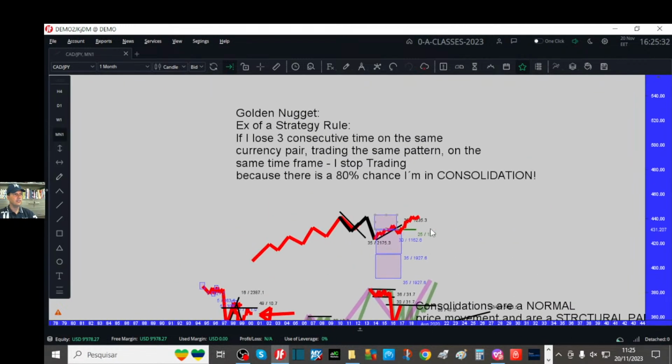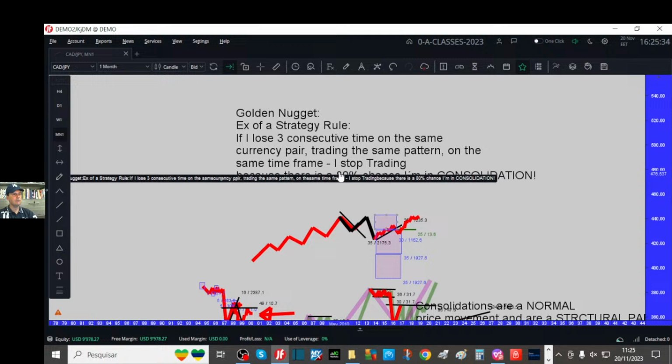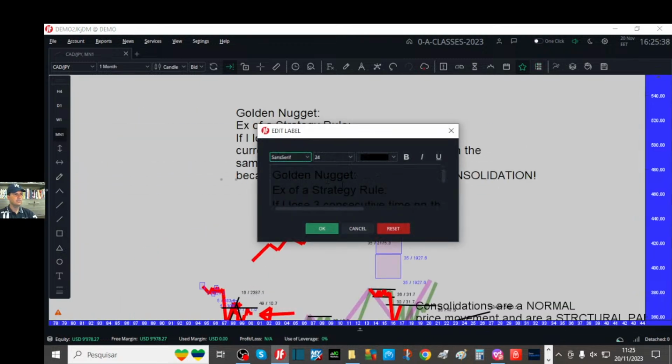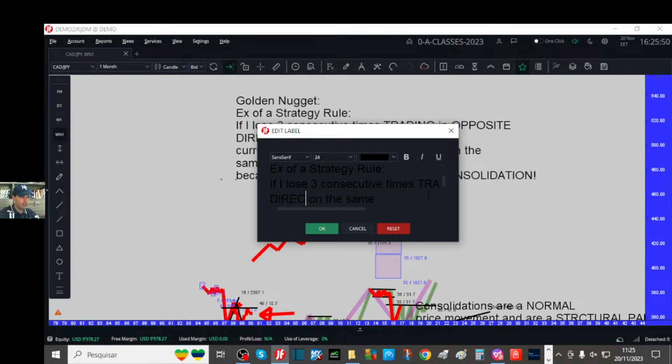And maybe I can improve the grammar and English. If I lose 3 consecutive times trading in opposite directions, even better, right?